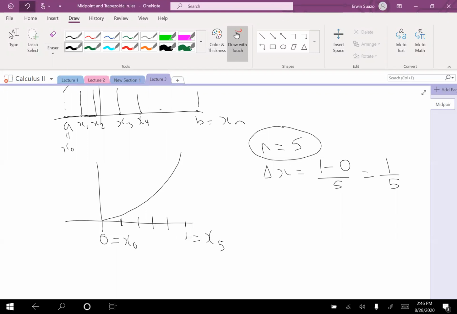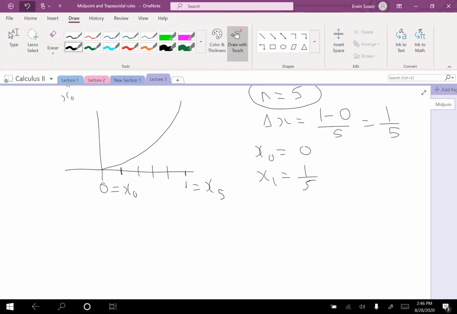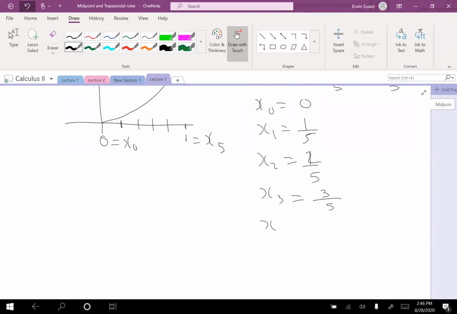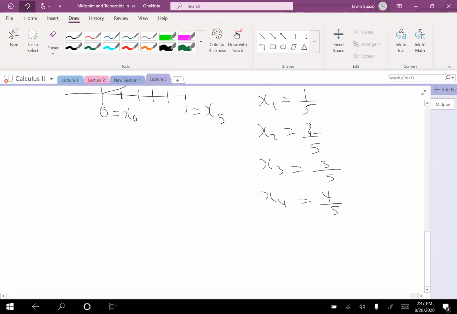Just because it's the first one, x0 is 0, x1 is 1/5, x2 is 2/5, x3 is 3/5, x4 is 4/5, x5 is 1.